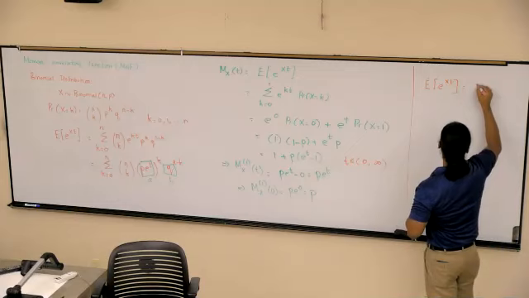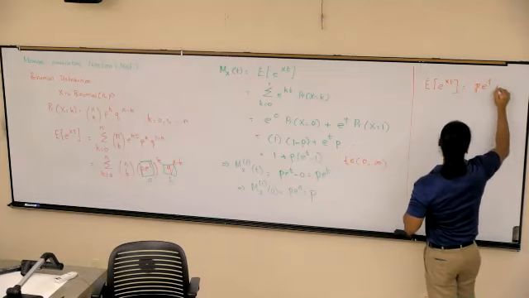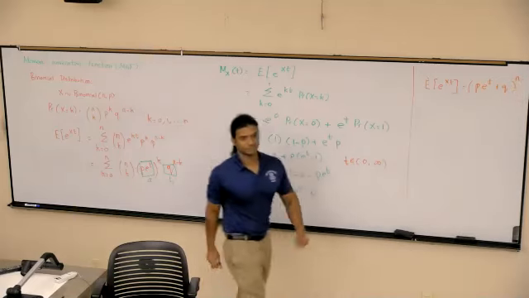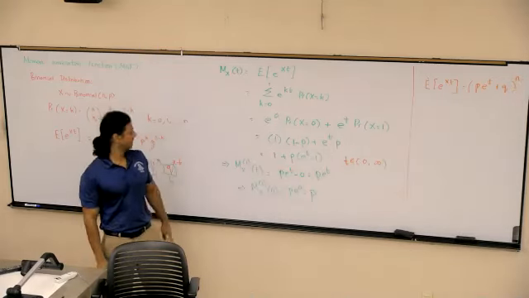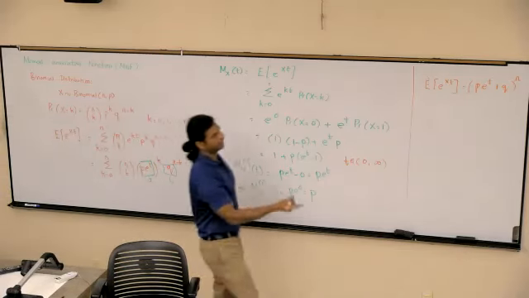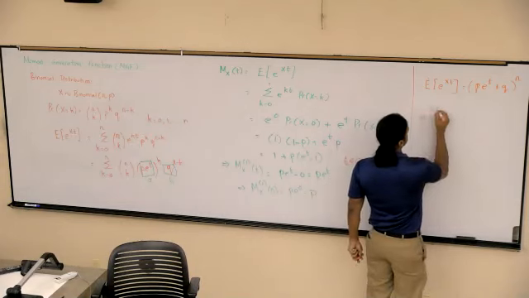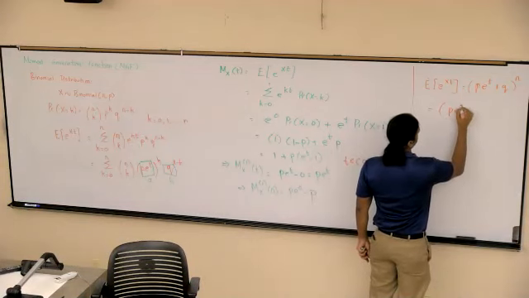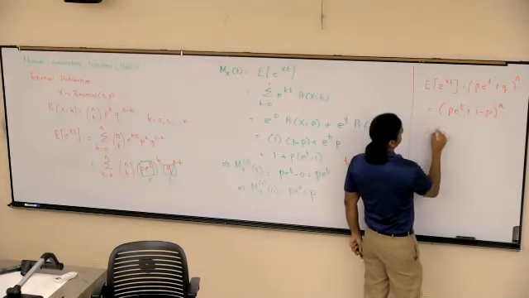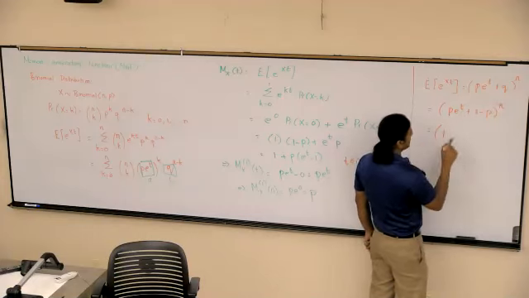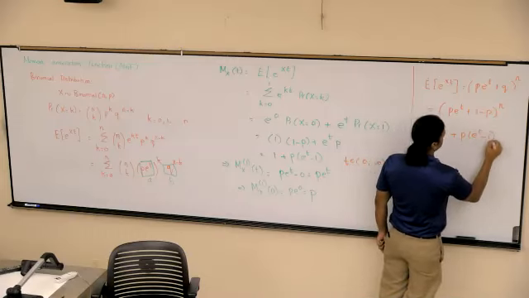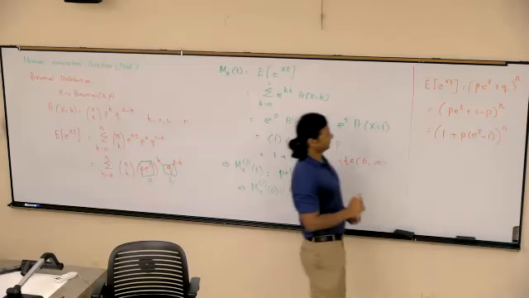I can simply write that as p e raised to t plus q, raised to n. Yes, (a plus b) raised to n. Now, q is 1 minus p. So (1 plus p e raised to t minus 1) raised to n.